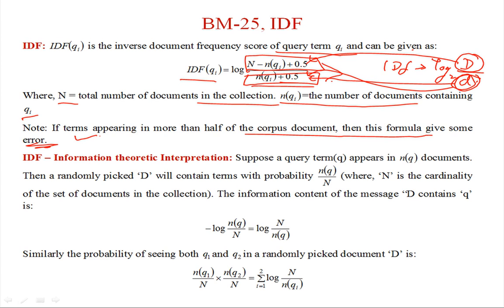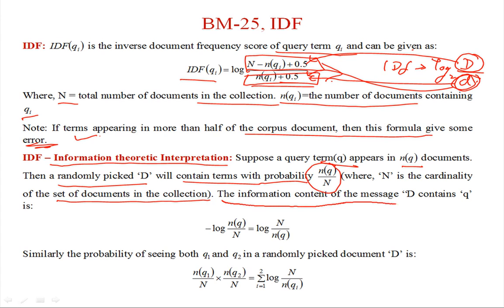Now we will go through the information theoretic interpretation of the IDF part. Suppose a query term Q appears in nQ documents, then a randomly picked document will contain the term with probability nQ divided by N, where N is the cardinality of the set of documents in the collection, or the number of documents in the collection. The information content of message D can be given as minus log nQ by N, which is equal to log N by nQ.